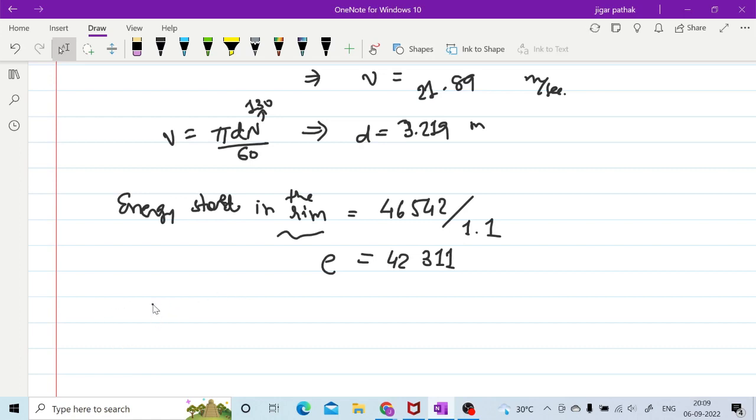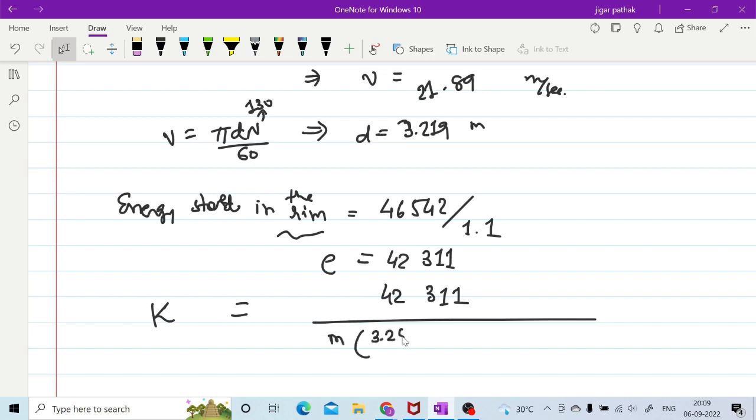So once you consider this E, your K is this 42311 upon I omega square. I is m k square. Here the diameter is given, I guess. So this is m k square. Radius of gyration is 3.285 by 2, and omega is 2 pi N by 60, that is 2 pi into 130 by 60, square, right?